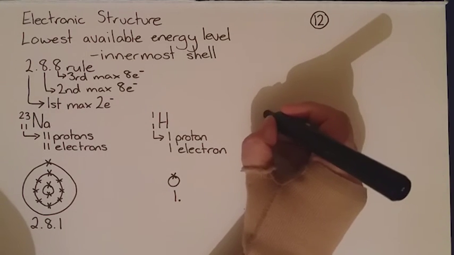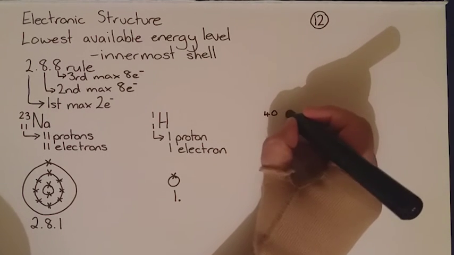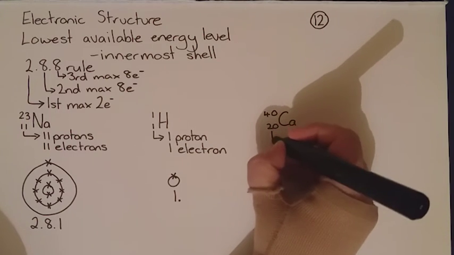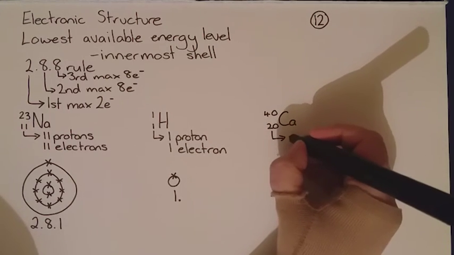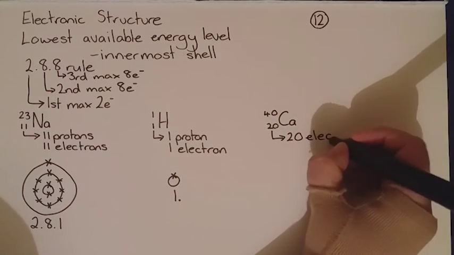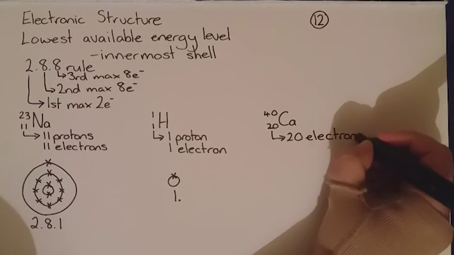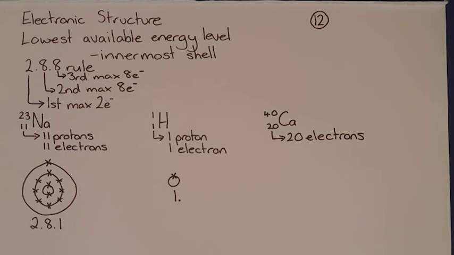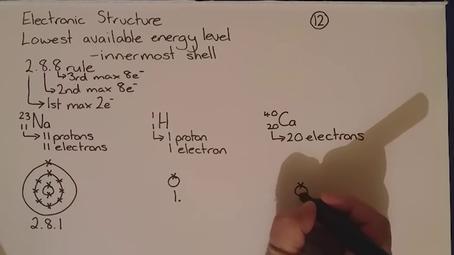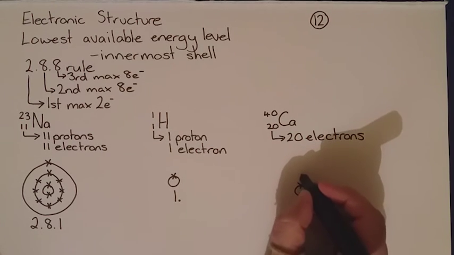Calcium often causes confusion for students because of the number of electrons it's got. We know it's got 20 protons, and hence we know it's got 20 electrons. If we start following the 2, 8, 8 rule drawing the diagram, the innermost shell uses up 2.